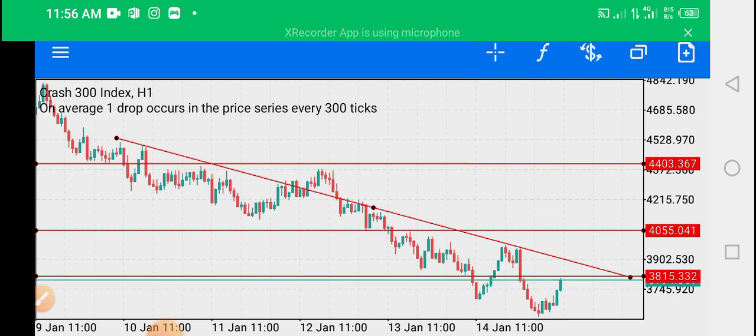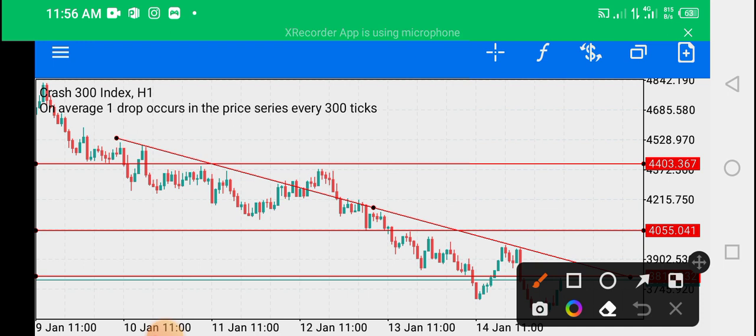So how you do this is, when you see series of lower lows like this, as you can see from here, you keep seeing series of lower lows.